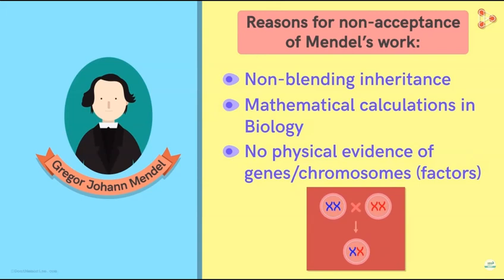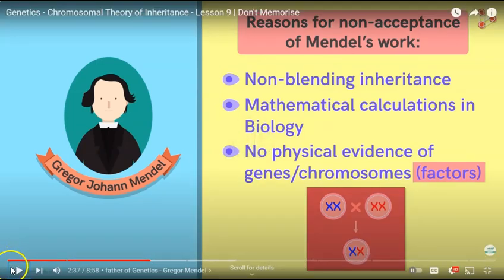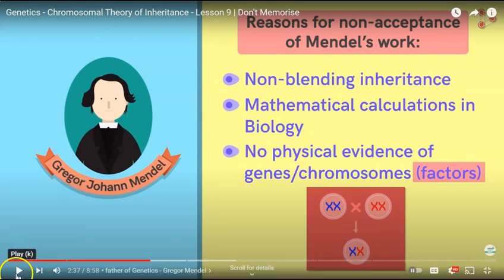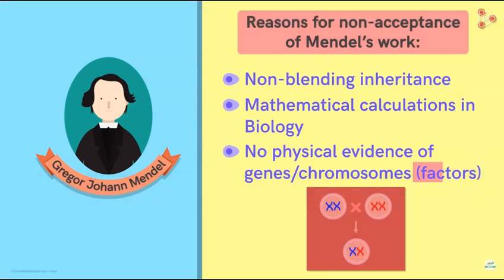So the proposition that discrete units called factors exist was like a hypothetical theory. Mendel had no proper evidence that such units actually exist.